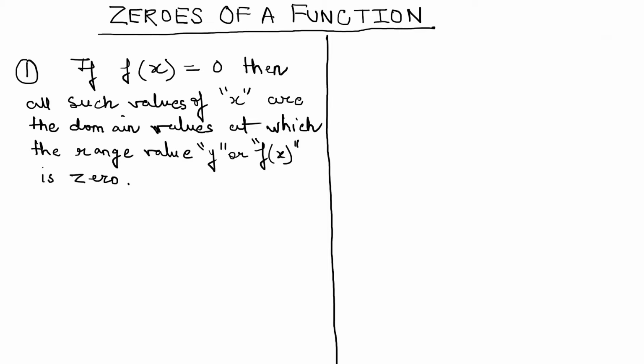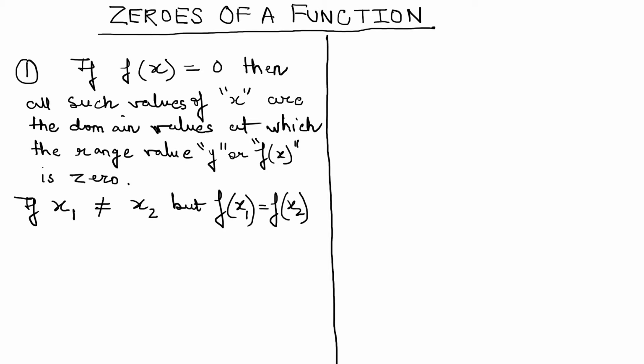So the point that I'm trying to make here is, let's say that these are two different domain values that we have, which I am representing in the form of a subscript. So x1 symbolizes one such domain value. So let's say x1 is not equal to x2, but f of x1 is equal to f of x2, and not only equal, they are equal to 0.